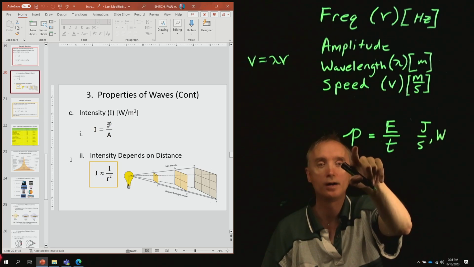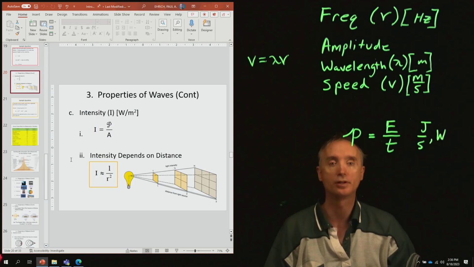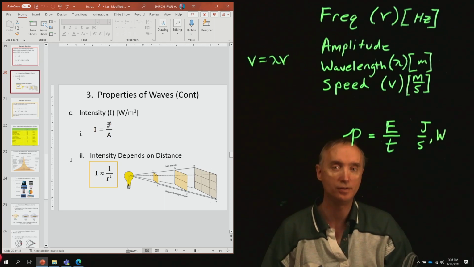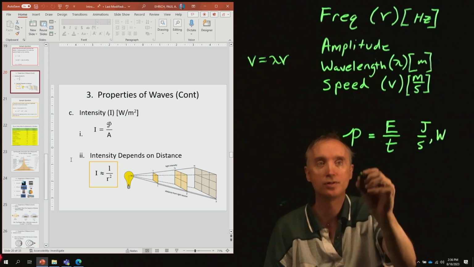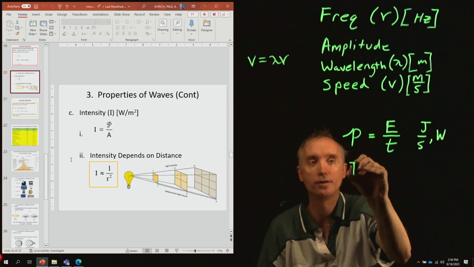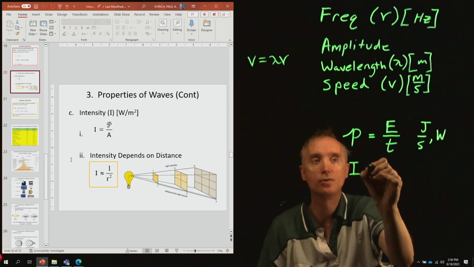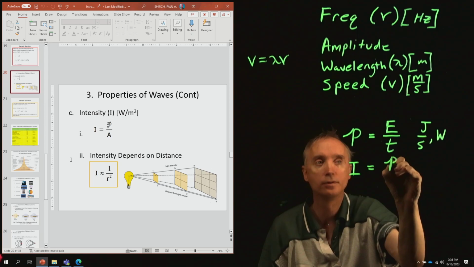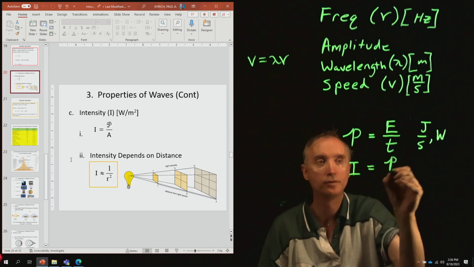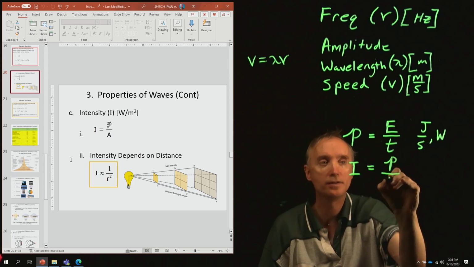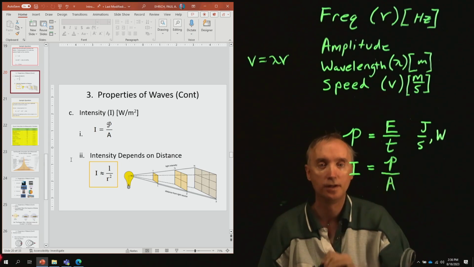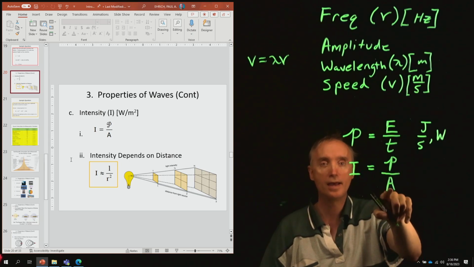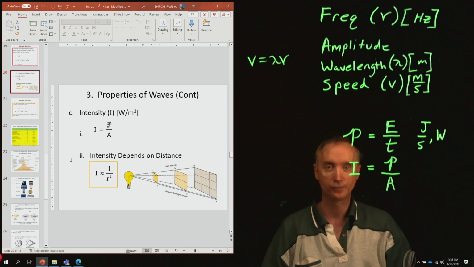And that's what we mean by the power of an object. It's related to the amount of energy that it gives off. So notice that intensity, which is given by the letter I, is equal to the amount of power that something gives off, but it also depends on the area that it goes through. So A is for area.